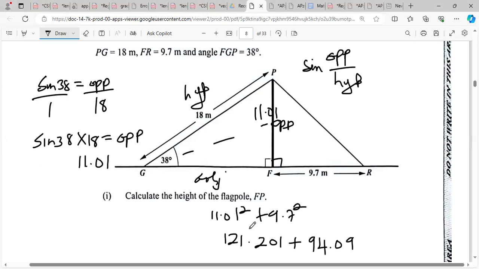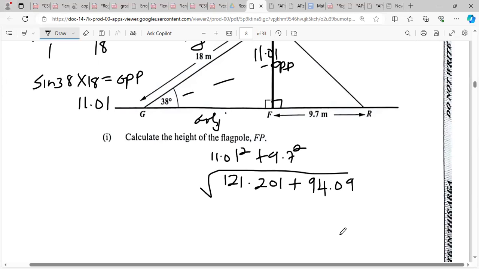We find the hypotenuse, so we square them, add them, and then find the square root. So 94.09 plus 121.2201, that gives us 215.3101, and then we find the square root.